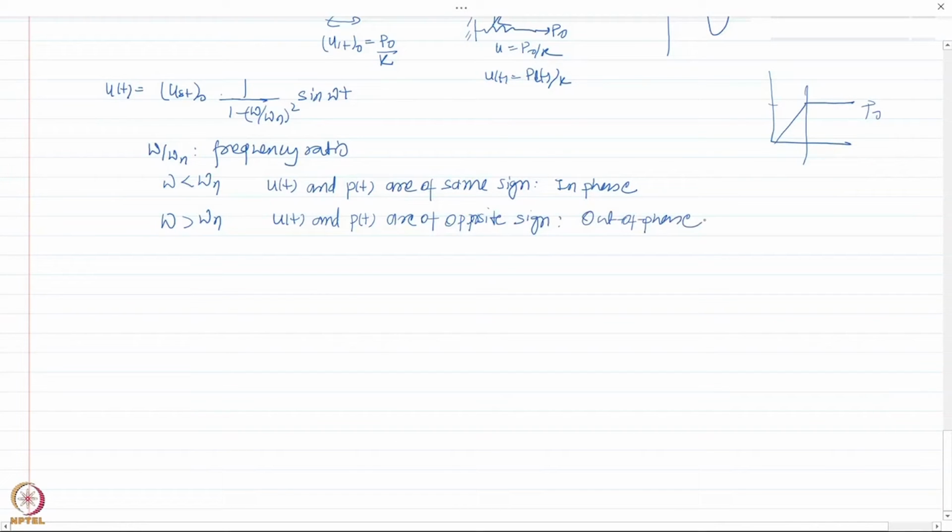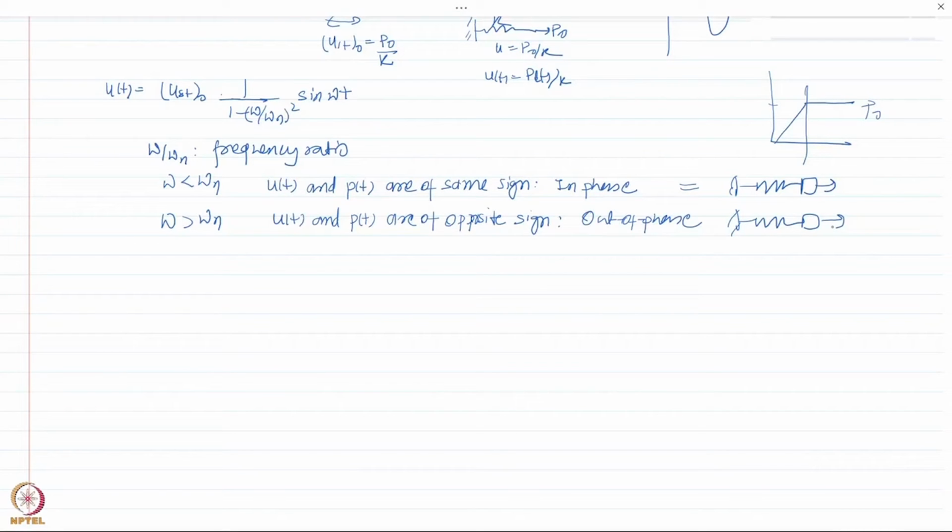Physically, what it means is that in the first case, if you apply a force to the right, then your system also moves to the right. In the second case, if you apply the force to the right, the system moves to the left. You might have a doubt: how is that physically possible?